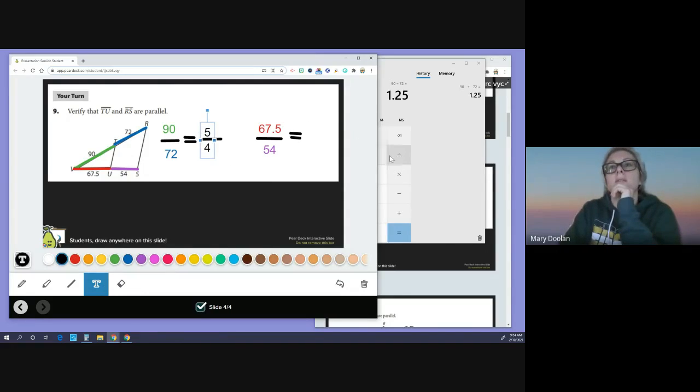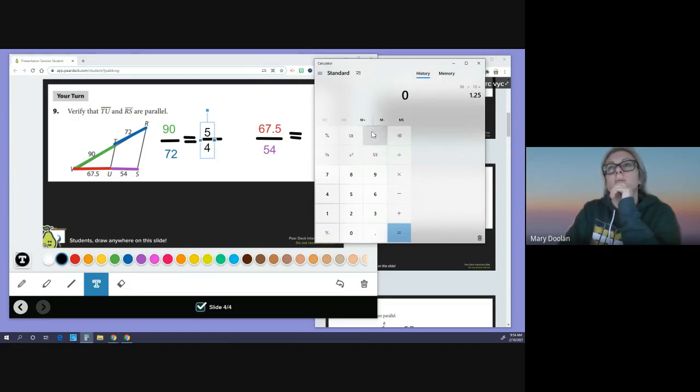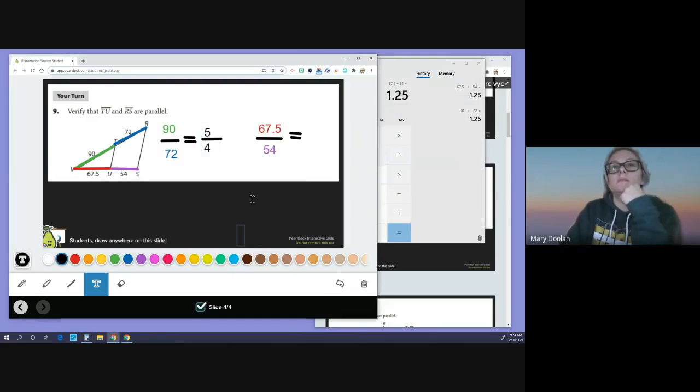Okay. And then over here, what do we get when we do 67 and 5/10 divided by 54? 1.25. That's 1 1/4 or 5/4 again. So we did get the same answer here.